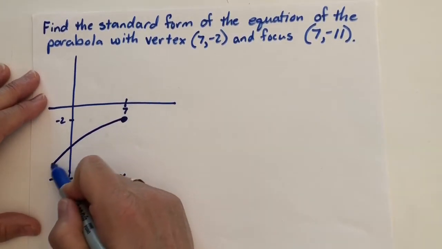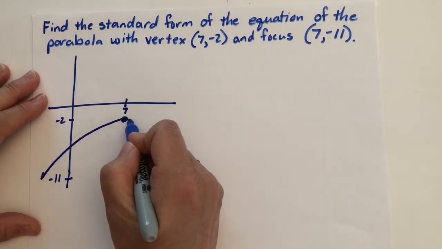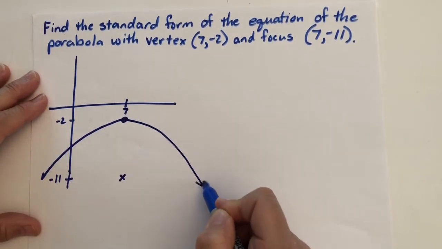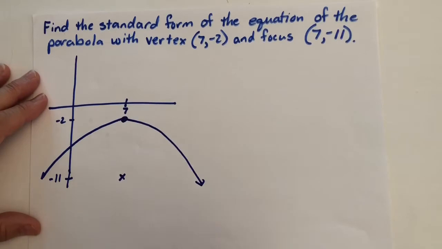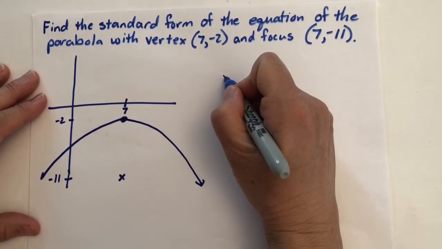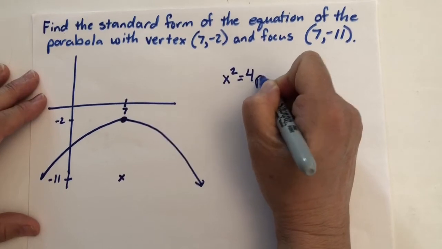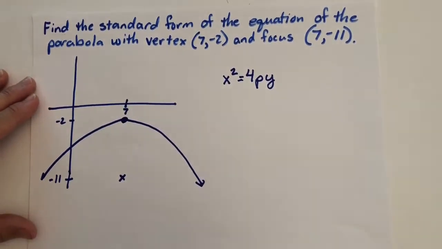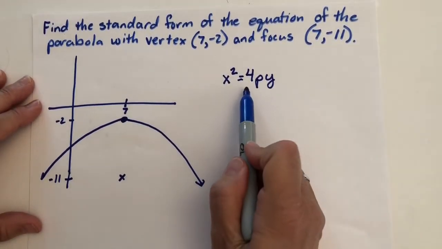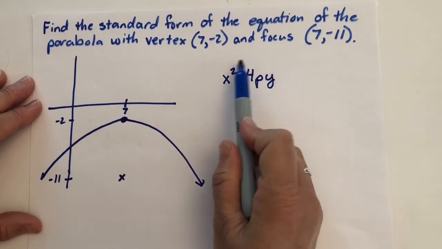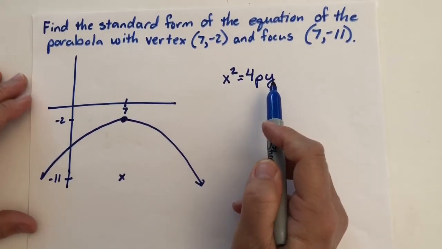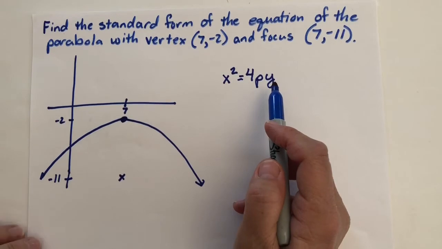So we're opening it this way. So again, I have this type of an equation, x squared equals 4py.